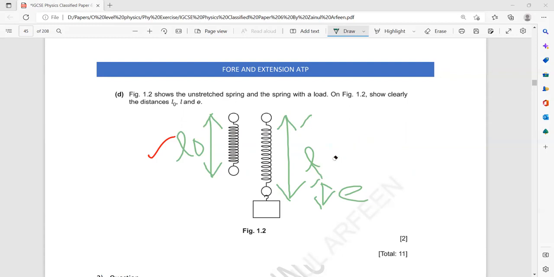L is the distance of the stretched spring. And what about the extension? You should measure the extension from the same point. For example, if I'm measuring from the lower loop, I'll mention from the lower loop as well. So this will be the extension, how much increase in length. Is it clear, this one?